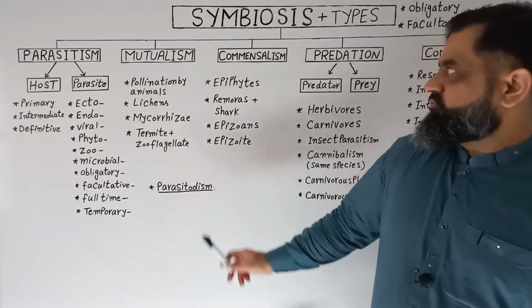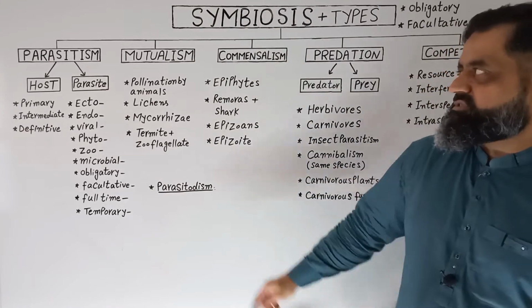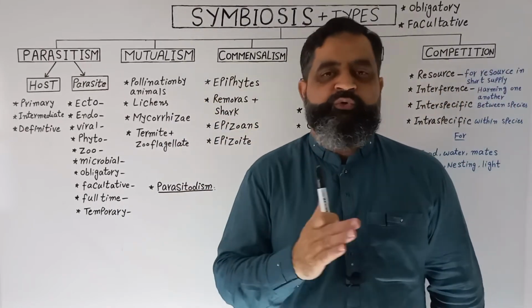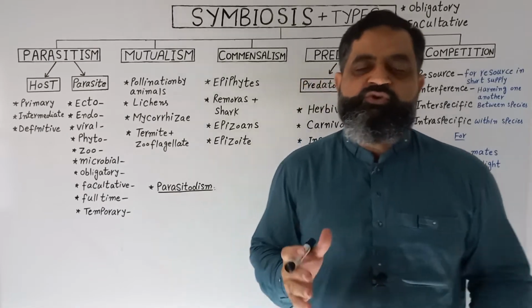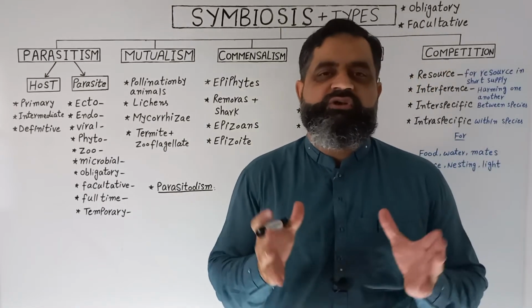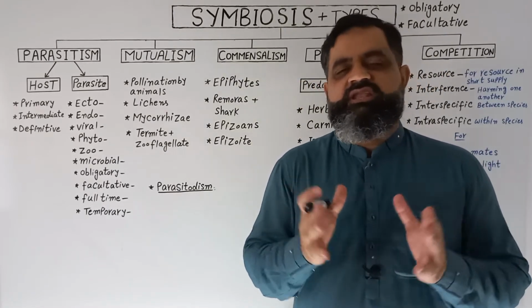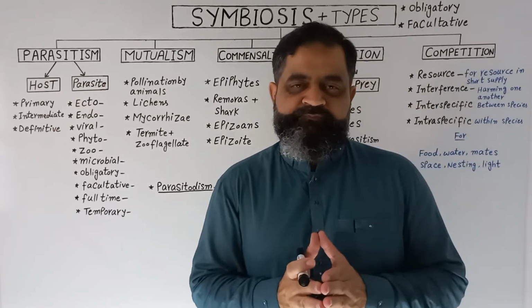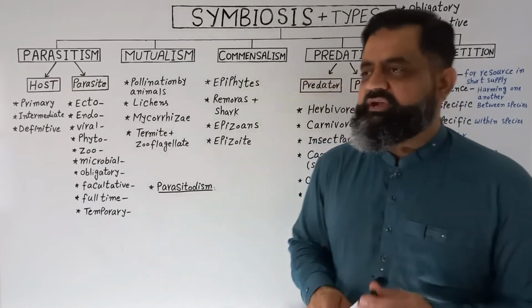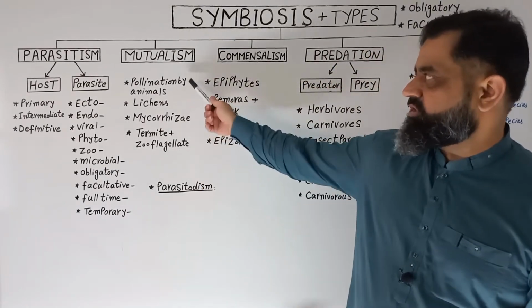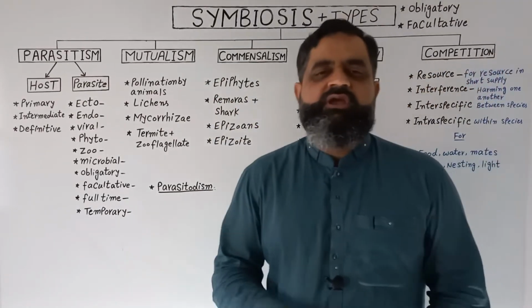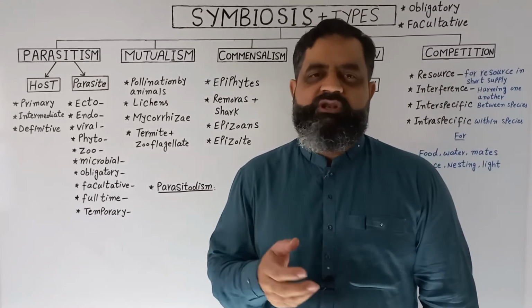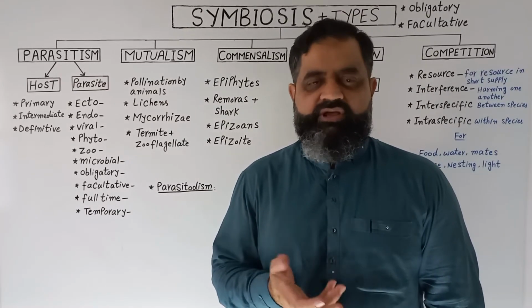The second relationship we are going to discuss about symbiosis is known as mutualism. Mutualism is a positive symbiotic relationship in which two different types of organisms, or two of the same kind, live with each other and provide protection to each other. This is a very good phenomenon, and there are many different examples of it. For example, pollination by animals. Different animals help in pollination, like honeybees and butterflies.